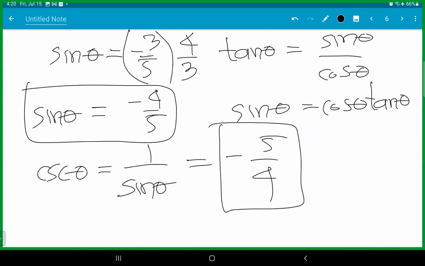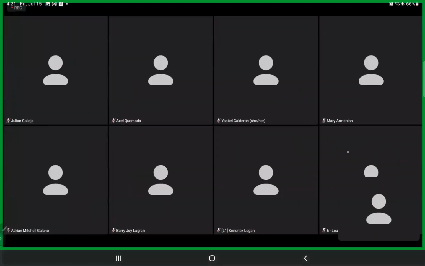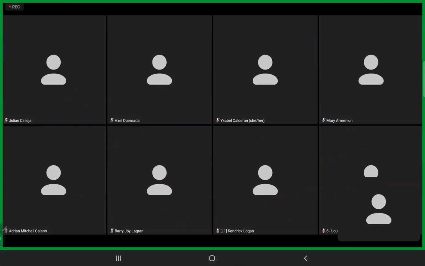So may tanong pa? So trig lang yung sa quiz 5, open yata yun hanggang midnight, no? In-open ko hanggang midnight. Pwede ka pang mag-review kung hindi ka pa prepared. And then, magbibigay ako sa bidal natin, Ms. Calderon, ng 2 files. Exercises yon sa exponential functions at exponential equations.